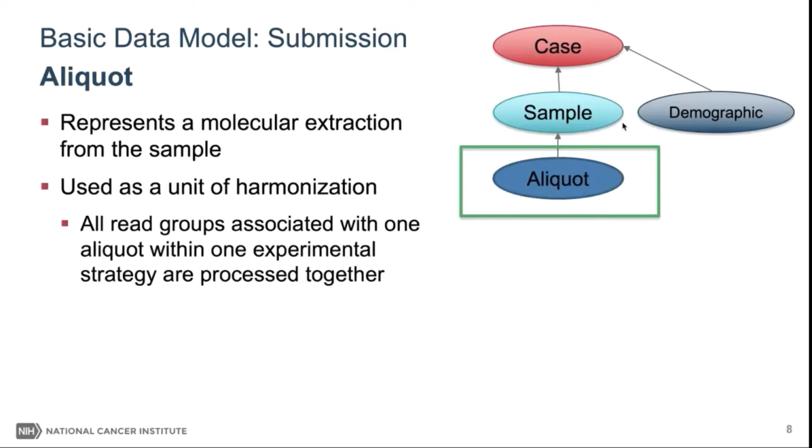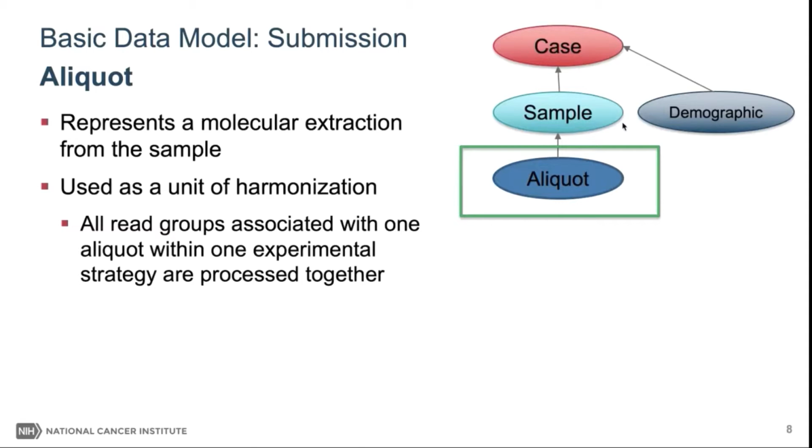Now, the aliquot here, this represents a molecular extraction from a sample. This can be a DNA extraction, an RNA extraction. In the future, we plan on having more protein. And this is used as a unit of harmonization. So all read groups associated with one aliquot within one experimental strategy are processed together.